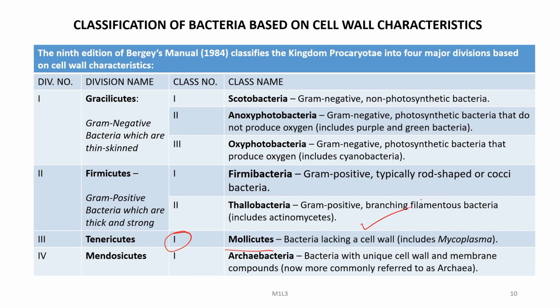These bacteria lack a cell wall and include Mycoplasma. Similarly, we have Mendosicutes, only one class, which is known as the Archaebacteria. These are bacteria with unique cell wall and membrane compounds. These are more commonly referred to as Archaea currently.